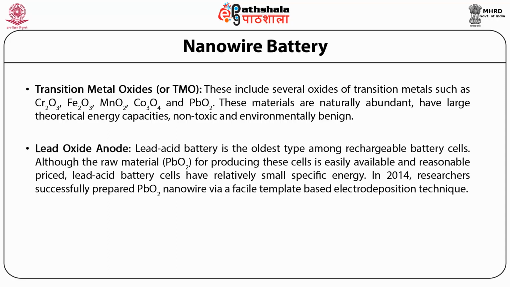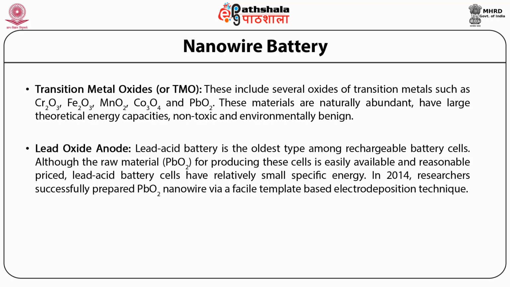Lead acid battery is the oldest type among rechargeable battery cells. Although the raw material for producing these cells is easily available and reasonably priced, lead acid battery cells have relatively small specific energy. In 2014, researchers successfully prepared lead iodide nanowire via a fissile template based electrode deposition technique.